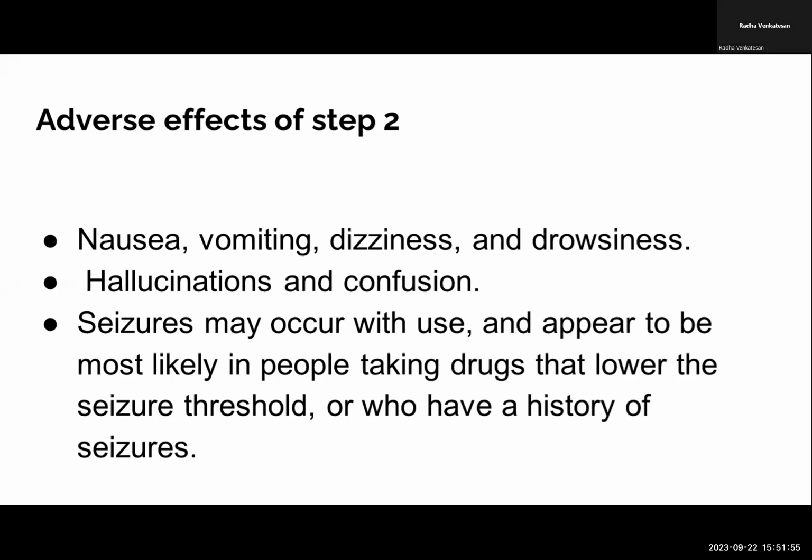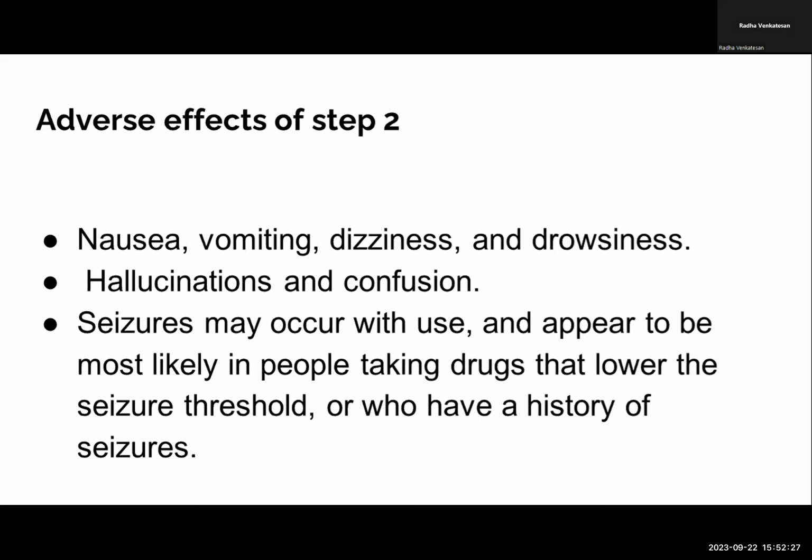So for those type of people, you have to be careful when you have someone who has a history of seizures or they are taking some other drugs. Then you cannot increase the dose of this. Because in the previous slide, as we saw, it has an action working on the SNRI receptors, norepinephrine and serotonin receptors.